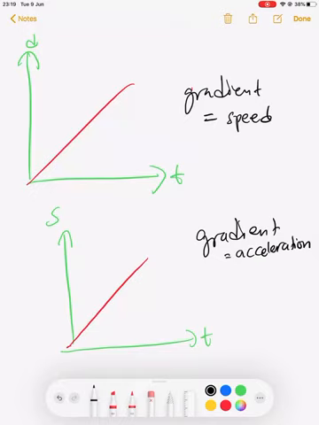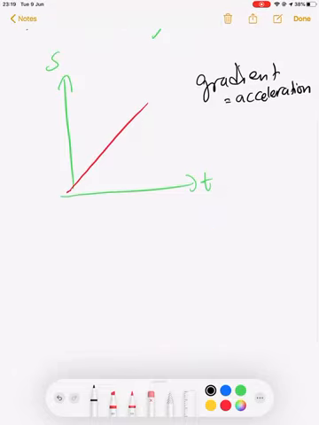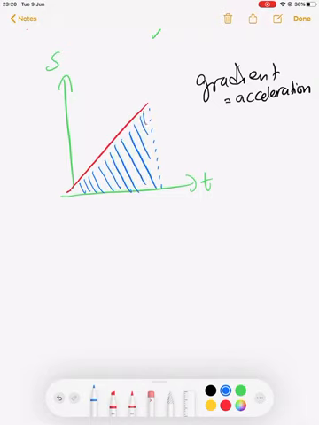Good. So how about the area under the graph? Here I have a straight line. If I draw the third line here, we will have a region down here. That region has an area.